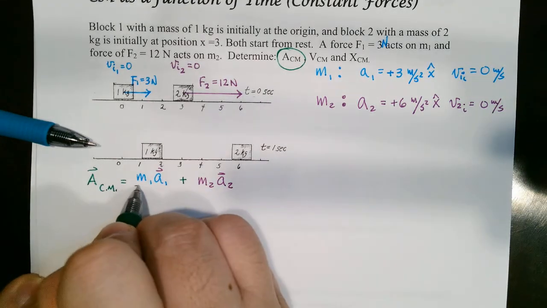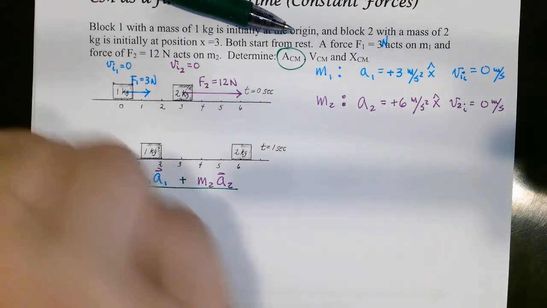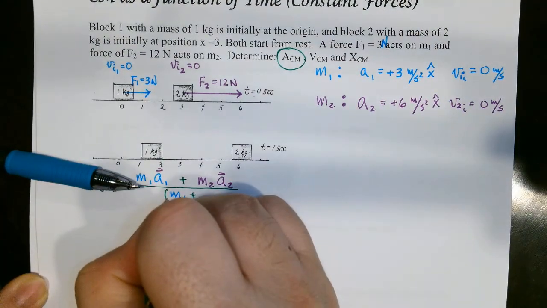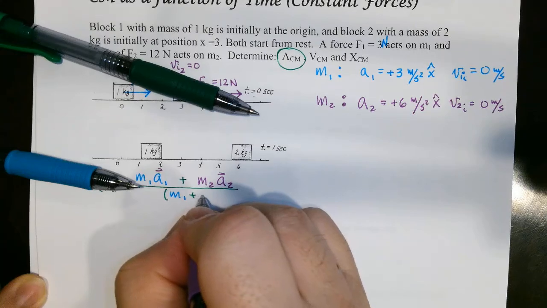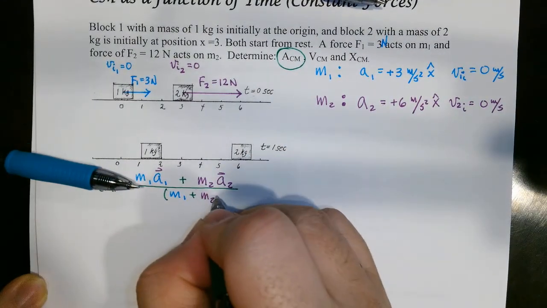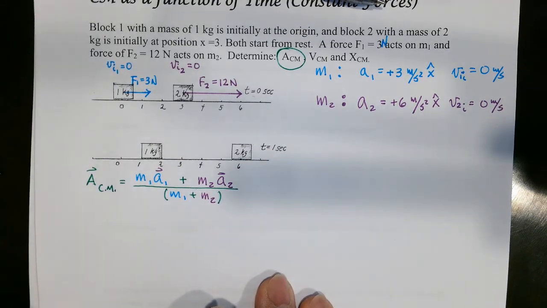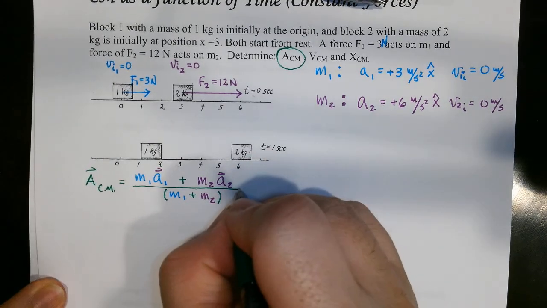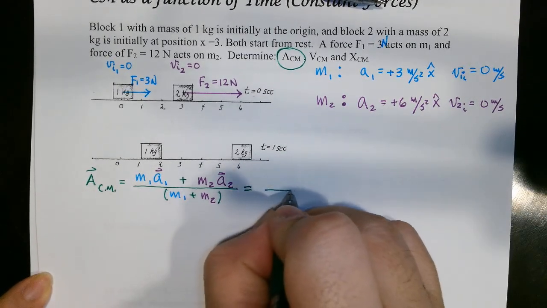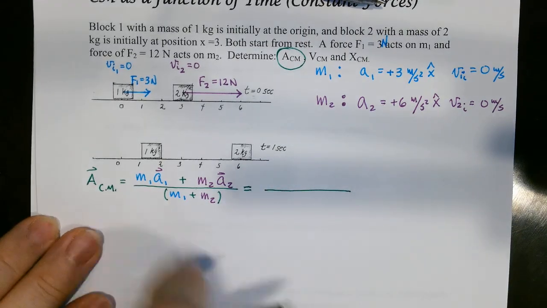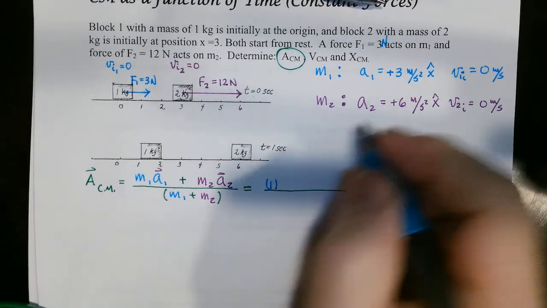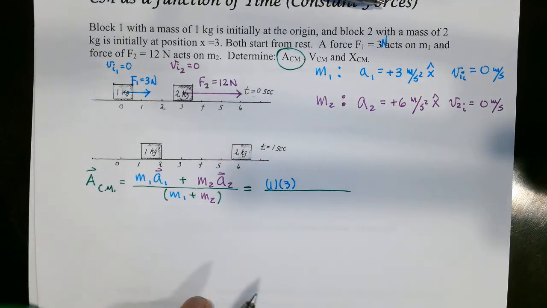Divide that by M1 M2, I mean. Right? Boom. So what is that? That is equal to, right, M1, 1 kilogram, times A1, which is 3, right?